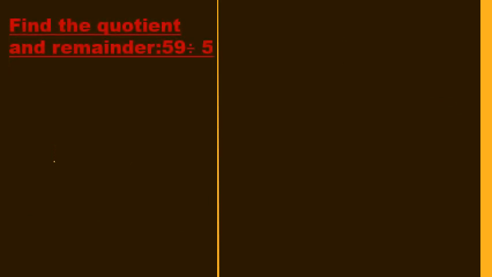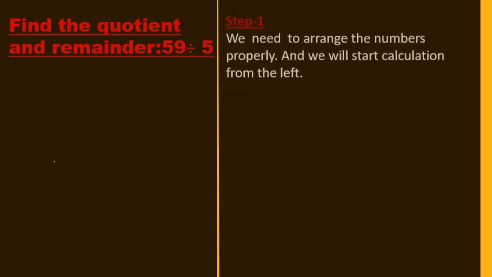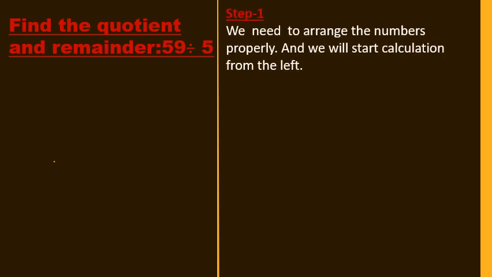Students, let us try some more examples. Find the quotient and remainder 59 divided by 5. Girls, here also we are going to solve this problem in 3 steps. Okay, so let's start with step number 1. We need to arrange the numbers properly and we will start calculation from the left.